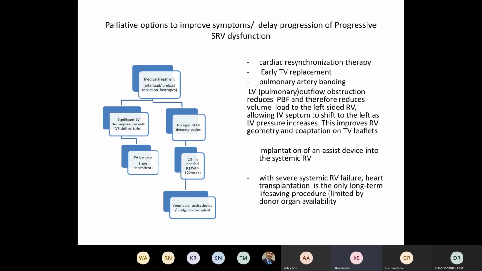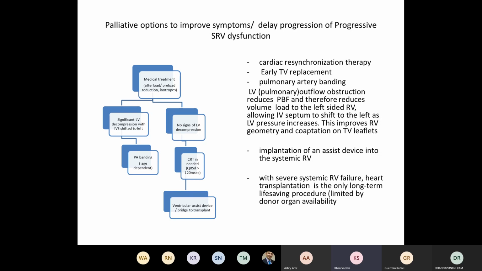And then you start considering, is there a role for PA banding? So as I was trying to explain before, if you do have some pulmonary outflow obstruction, that can help decompress the left ventricle, and it can help the septum align better and reduce the progression of that tricuspid regurgitation.